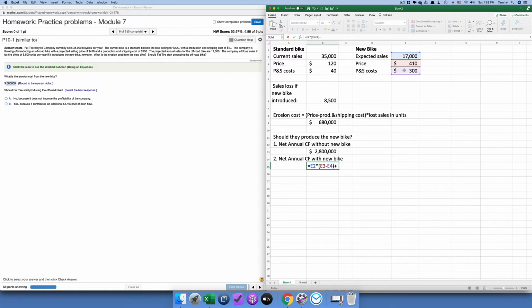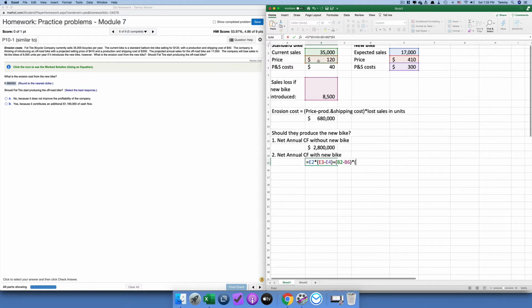Let's see, how should we do this? Let's do just a simple, the eroded sales, right? So it's going to be the current sales minus the loss in sales. So that's going to be our total sales level for the new configuration times, then give that a parenthesis, price minus variable cost.